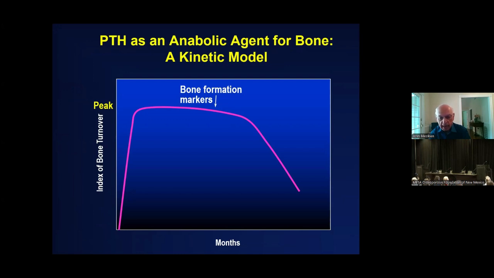So these anabolics, doesn't matter what the FDA says or what you say, these anabolics have a limited biological life. And everybody's different. I've had people on teriparatide whose bone turnover markers start to fall after 1 year. I've seen a lot of individuals whose bone markers fall after the 2nd year.